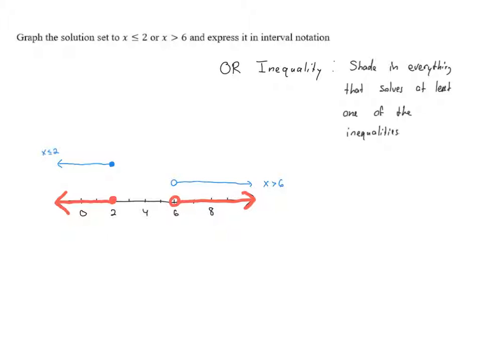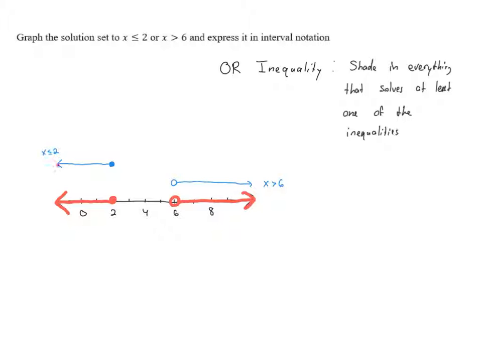The metaphor that I use here might be a little weird, but I haven't really thought of a better one. When we have an or inequality, pretend that it's raining above the number line, so we've got rain coming down everywhere, and one of these intervals is one umbrella, and the other interval is another umbrella. Now, when it's raining, if there are two umbrellas, you don't need to be under both of them.